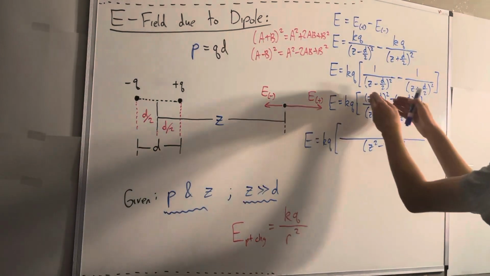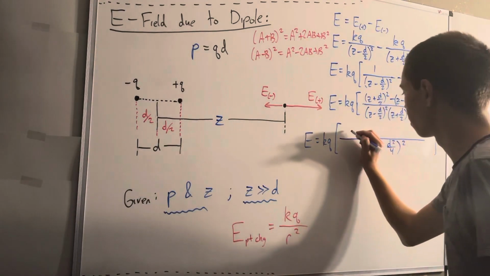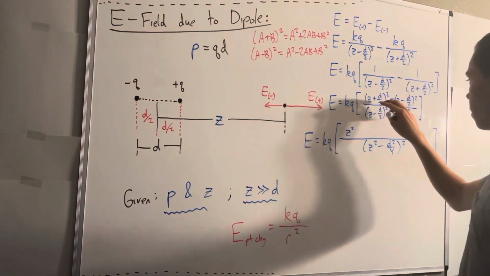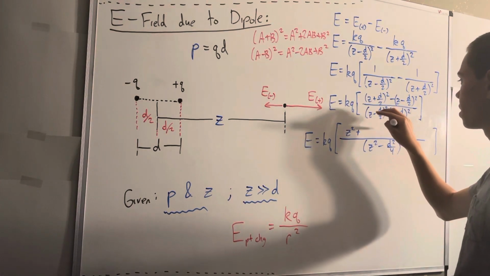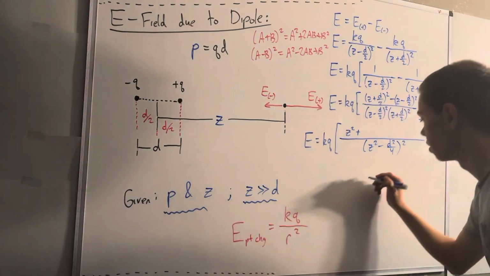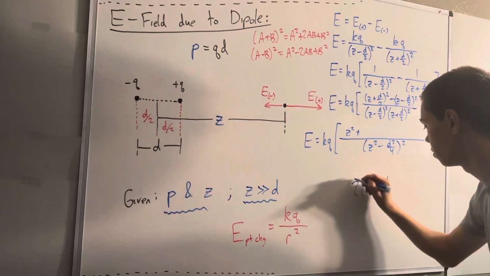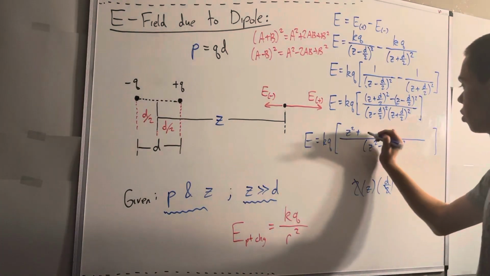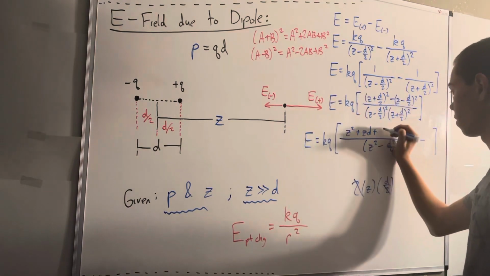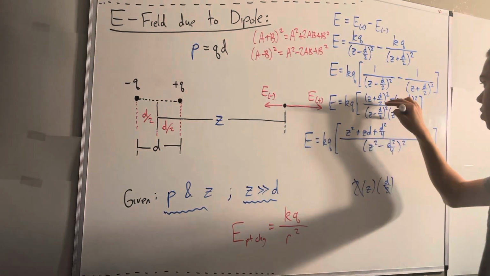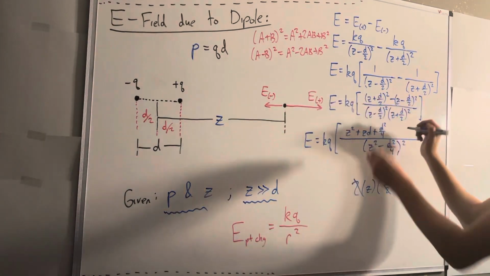So for the first term, our first parentheses is going to be z squared, plus 2 times z times d over 2. The 2's cancel out and you're left with zd. So plus zd plus d squared over 4, because when you square d over 2, you get d squared over 4. That's what we would get for the first term.